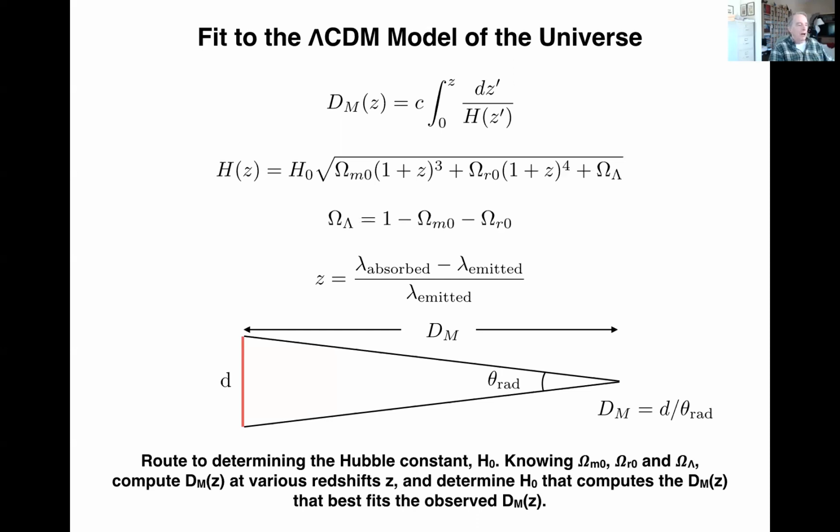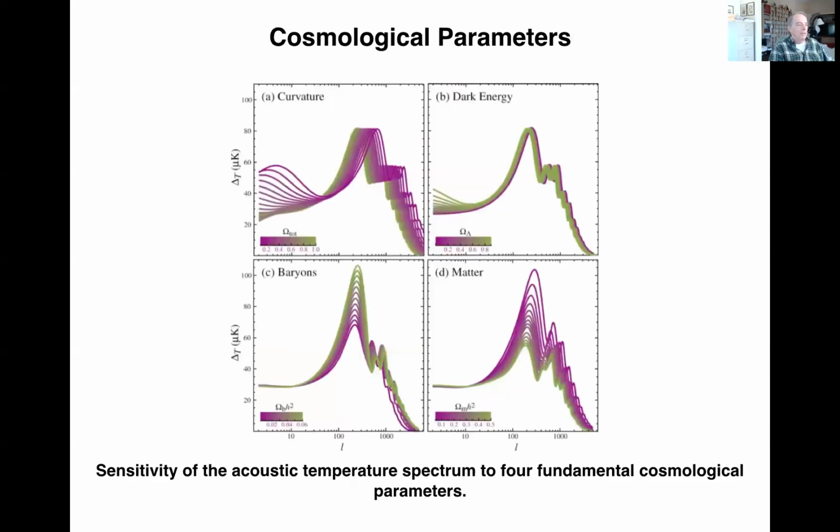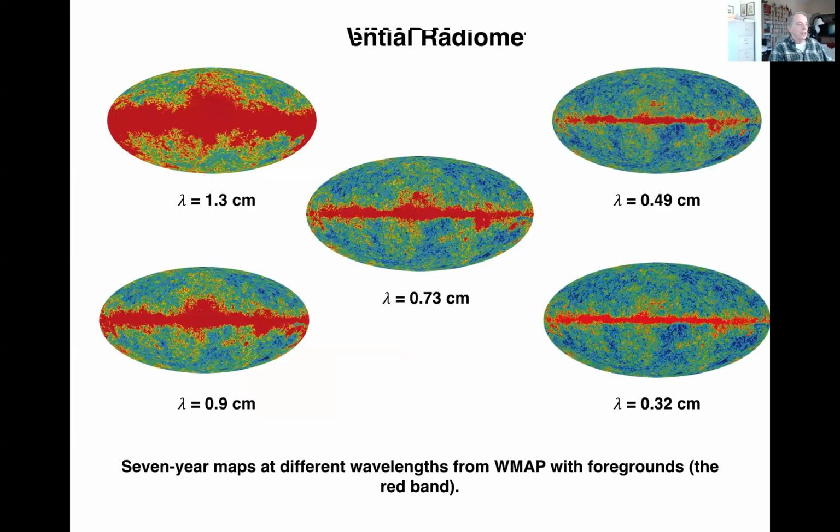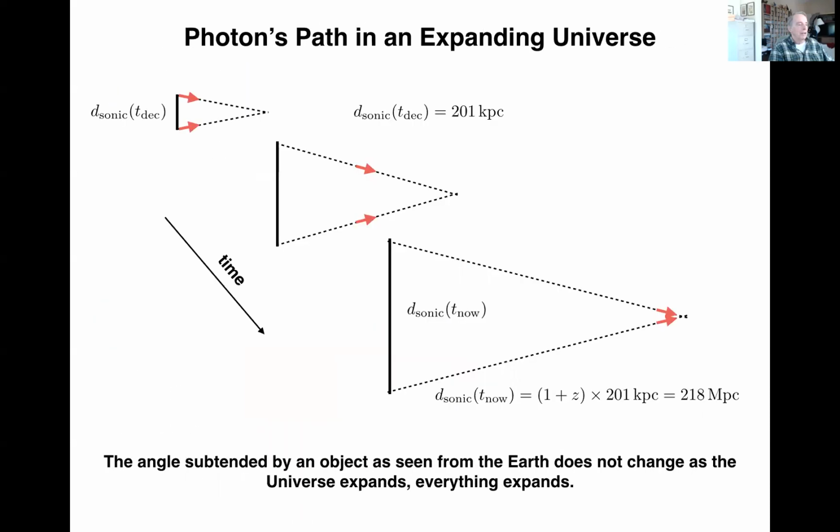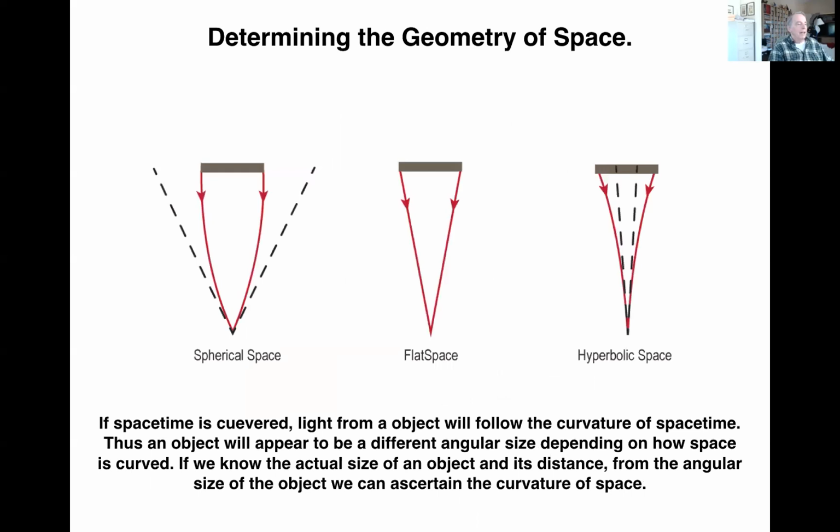So if we hop back to this thing again, if you know the width of that bar and you know how far away it is, you can compute the angle, what the angle should be, say, in flat space.